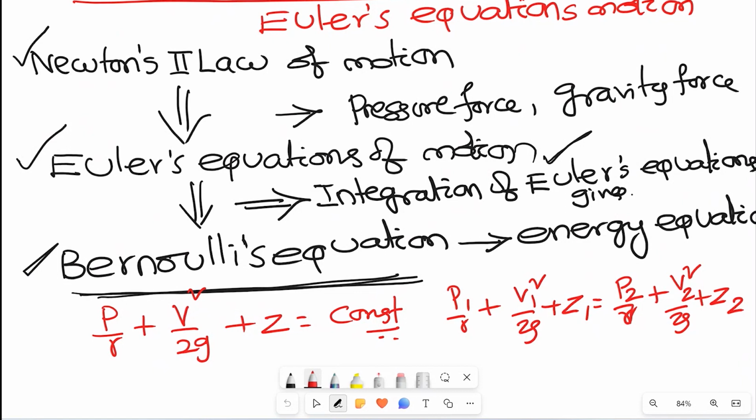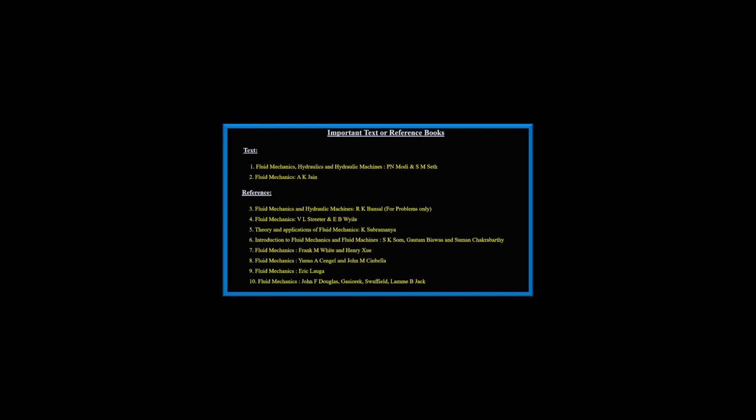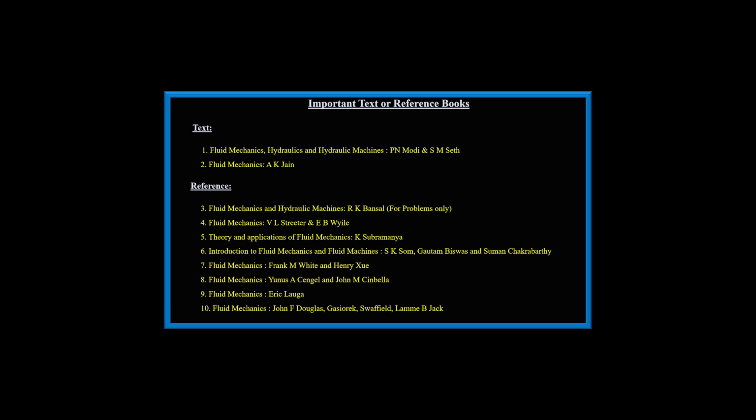Kindly remember that in the beginning I mentioned there are three fundamental equations of fluid mechanics: the continuity equation, Bernoulli's equation, and impulse momentum equation. The continuity equation I have derived in fluid kinematics. And in fluid dynamics, we derive first Bernoulli's equation and then impulse momentum equation.